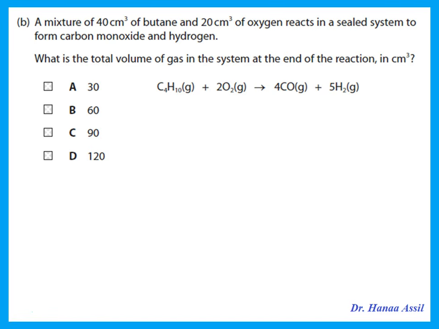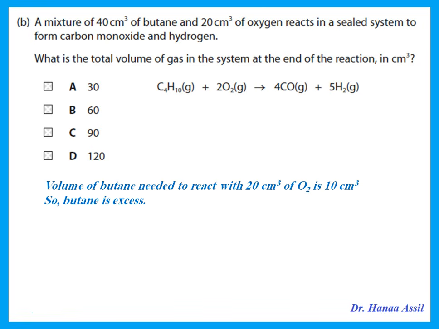If I have 20 cm³ of oxygen, I will need only 10 cm³ of butane. That means the 40 cm³ is in excess, and the oxygen will react with only 10 of them. That means I will still be left with 30 cm³ of unreacted butane at the end of the reaction. Are we following? Okay, so butane is in excess, oxygen is limiting, so we're going to use the oxygen.